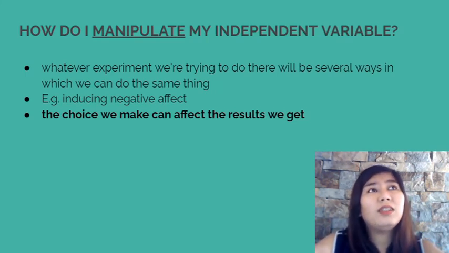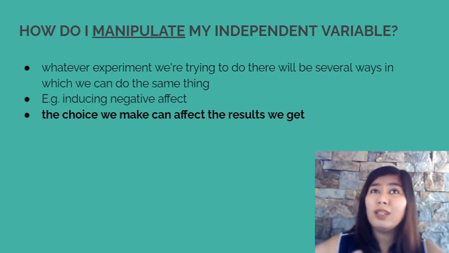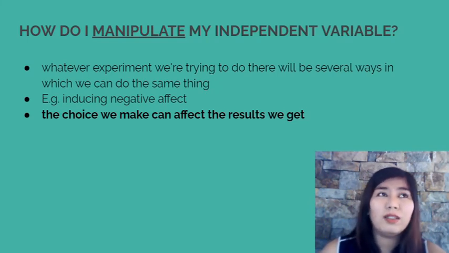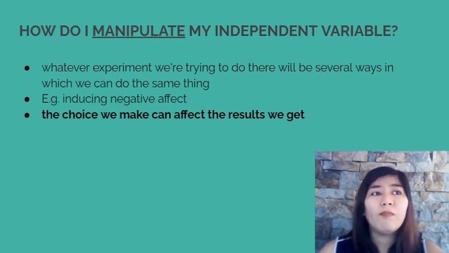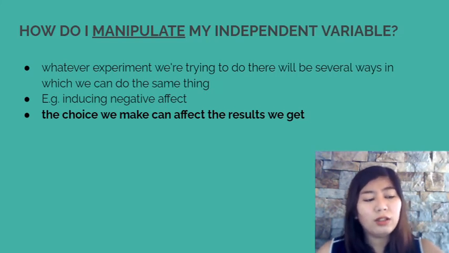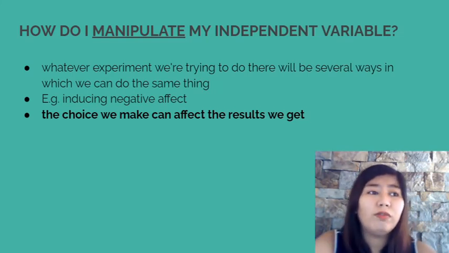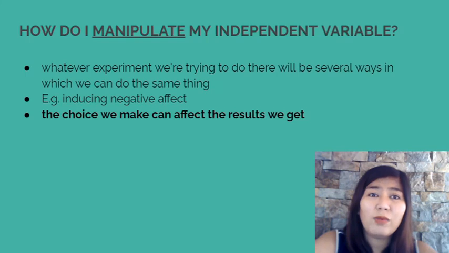Okay, so it's difficult to think about how you're going to manipulate your IV if in the first place it's not clear to you what it is, how you define it, and what kind of conditions you can imagine in doing this. So remember in Mill's logic of scientific discovery, in manipulating the independent variable, we need to observe when it is present and when it is absent.